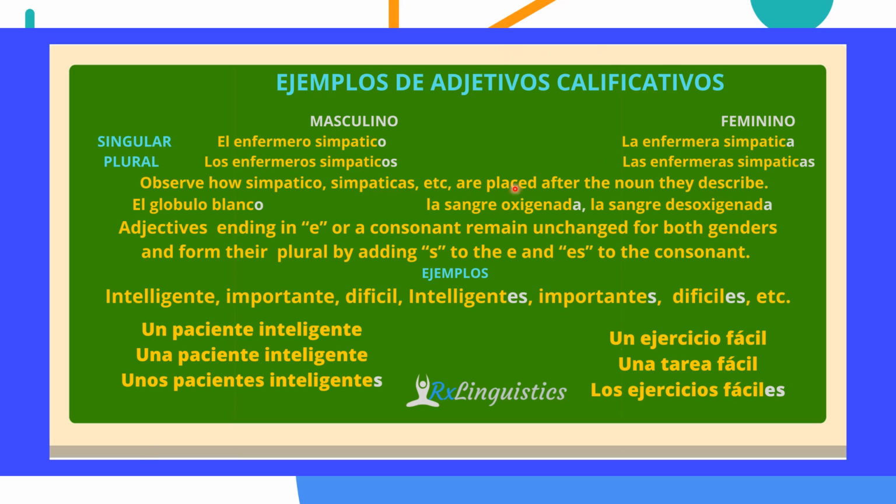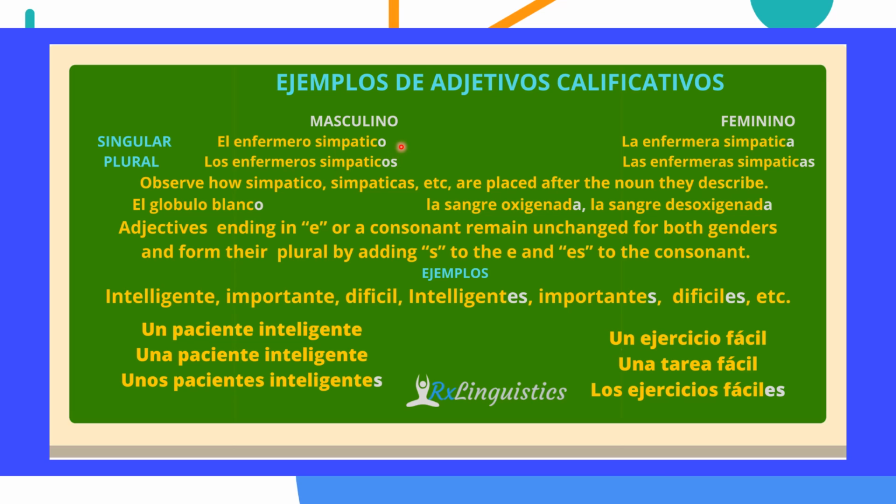Okay, look at our example here. El enfermero simpático. And here we have la enfermera simpática. So when it's ending in O, it's masculine in general. That's how Spanish behaves.